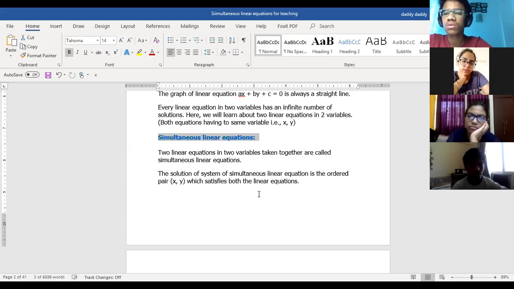That means after putting the values of x and y in equation 1, the left side of the equation should be equal to the right side, and if you put the values of x and y in the second equation, the left side should be equal to the right side.